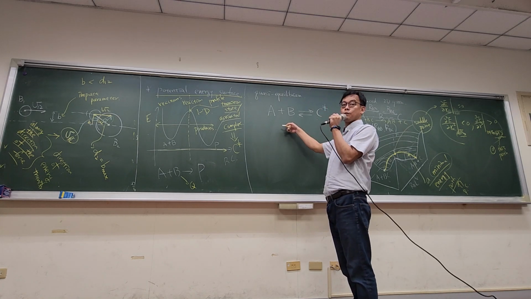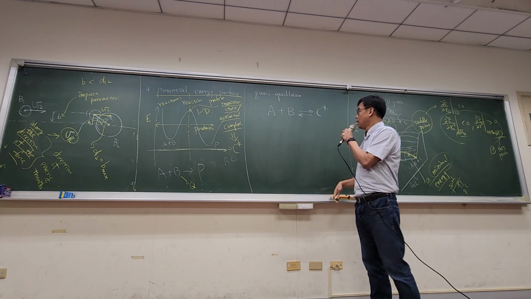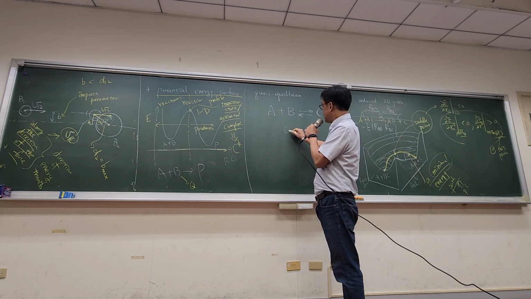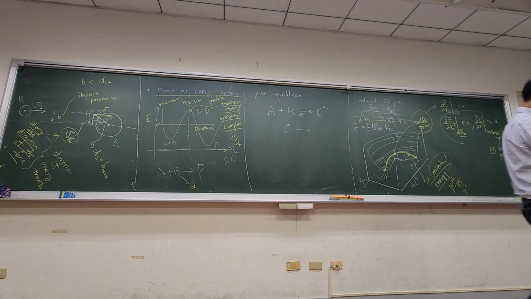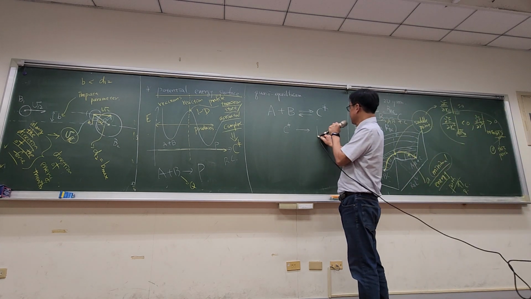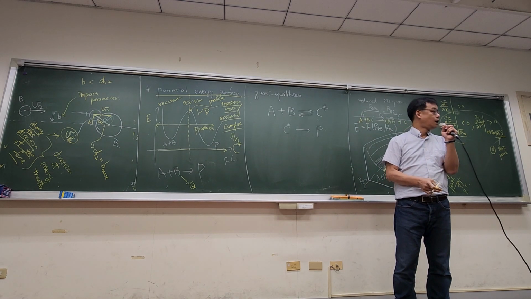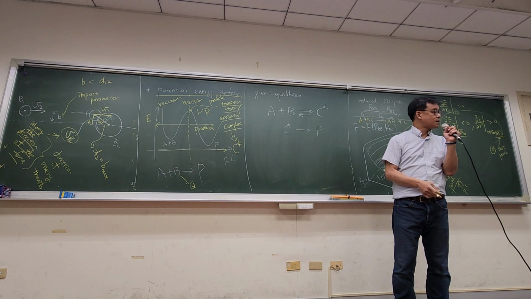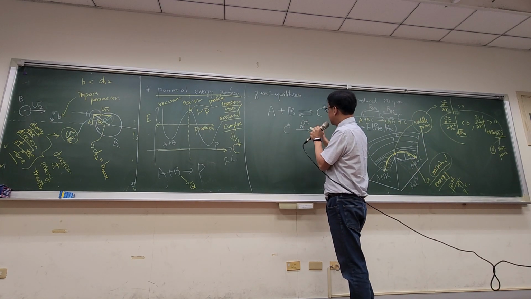So with this assumption, the C then decayed, then became product. And we assume that this rate for C to become product is some K double dagger.